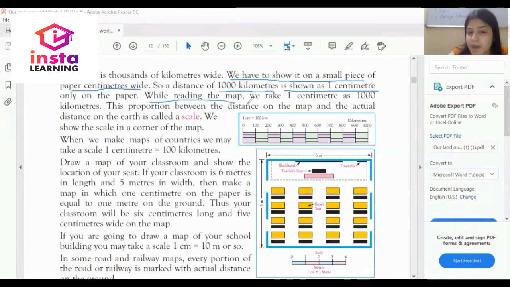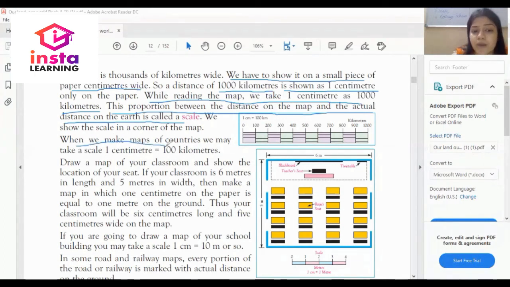While reading the map, we take 1 centimeter as 1000 kilometers. So this proportion between the distance on the map and the actual distance on the earth is called scale. Again, this is a very important question. What is scale? The proportion between the distance on the map and the actual distance on the earth is called scale. Okay, student.